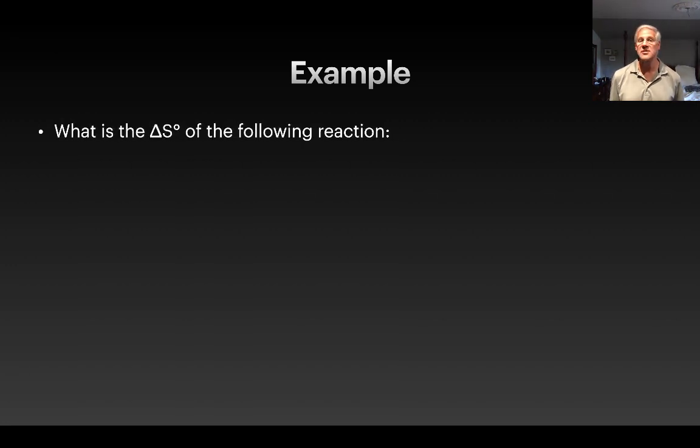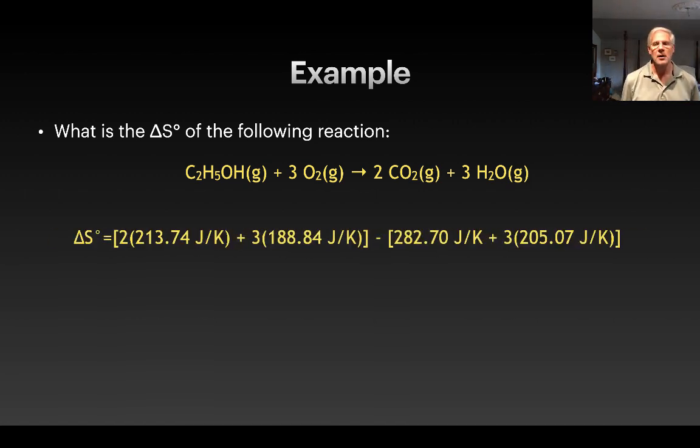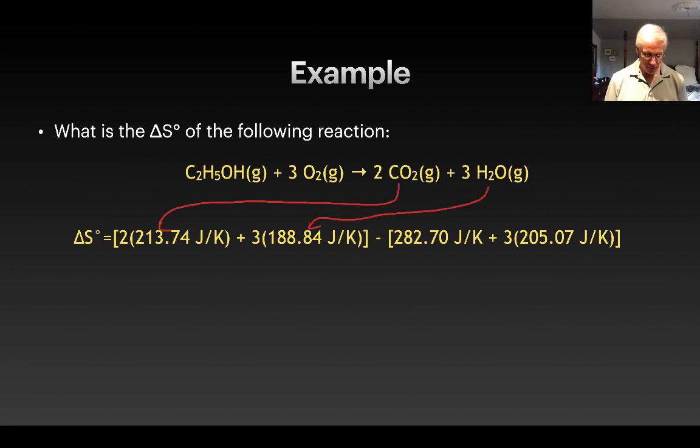So here's an example. We want to know what is the entropy change of this reaction here. So the burning of ethanol, we have C2H5OH plus 3O2 goes to 2CO2 plus 3H2O. We have all of our values here. So we have products minus reactants. So we have our 2CO2 right here, our 3H2O right there.